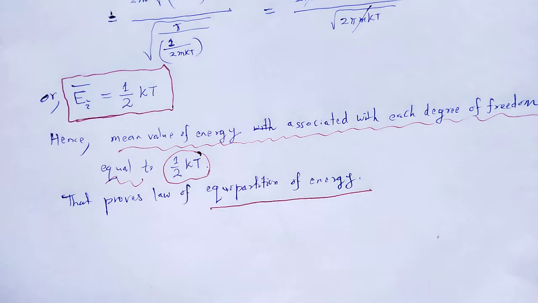Applications of the law of equipartition of energy to calculate the specific heats of gases. Let us consider 1 mole of an ideal gas at absolute temperature capital T. It has capital N molecules, which means capital N is the Avogadro's number.